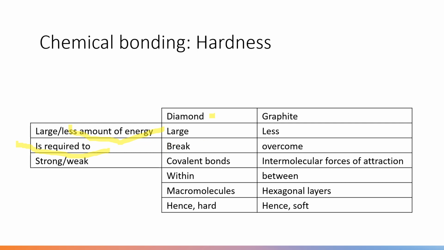Large amount of energy is required to break the strong covalent bonds within molecules, hence it's hard. Then graphite requires less amount of energy to overcome the weak intermolecular forces of attraction between hexagonal layers, hence it's soft.